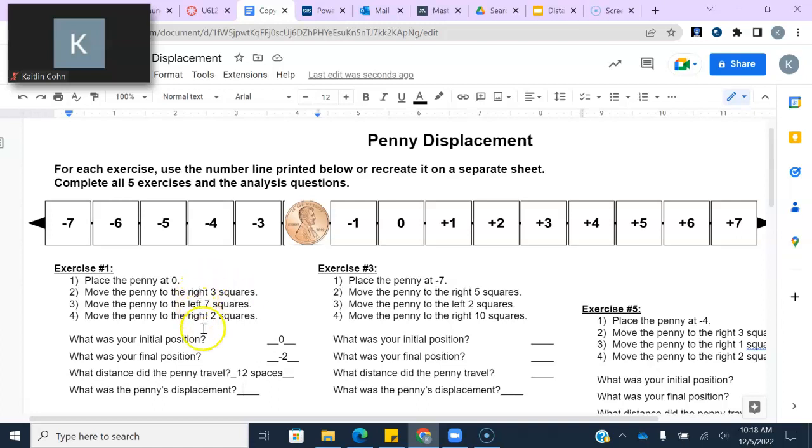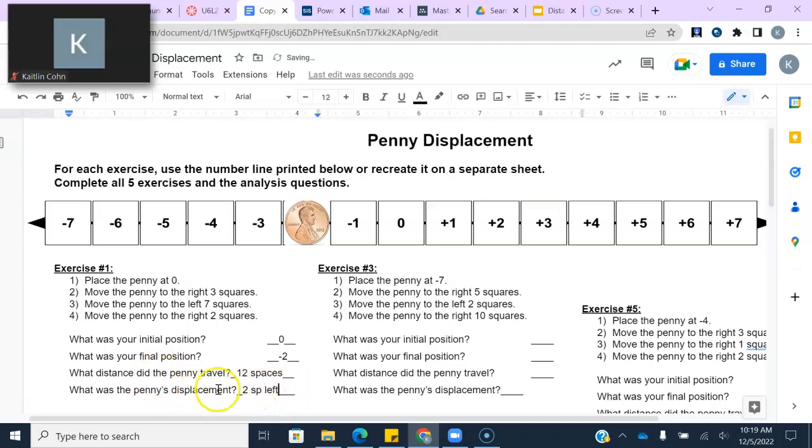So we can just add up the numbers that we moved from our activity. Now the displacement is where we wound up in relation to where we started. Okay. So we're going to take a look at our initial and our final position to help tell us the displacement. So we started at 0 and we wound up at -2. So our displacement was 2 spaces, and I'm just going to abbreviate SP, to the left, okay?